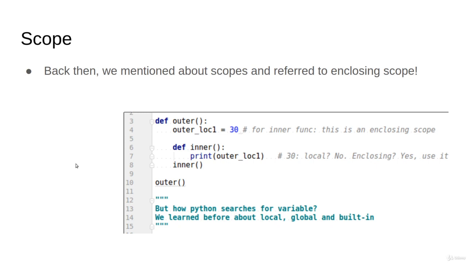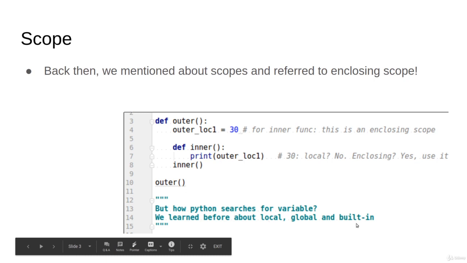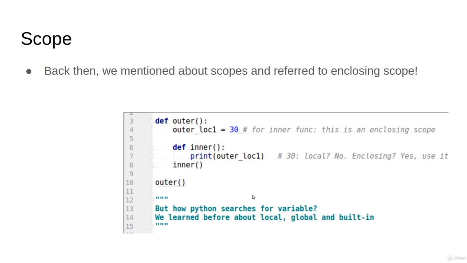Given that we defined a function inside a function, now there is a question: what can I access from inside this inner function? We learned before about the local, global and built-in scopes. When I taught you that, I said that there is something called the enclosing scope, but I didn't explain what exactly it is. The enclosing scope refers to the variables available in an outer or enclosing function.